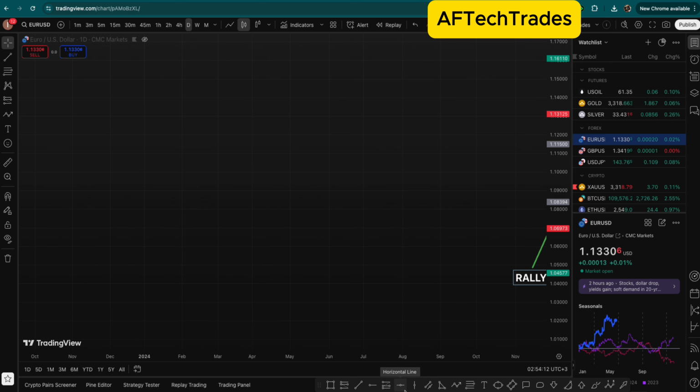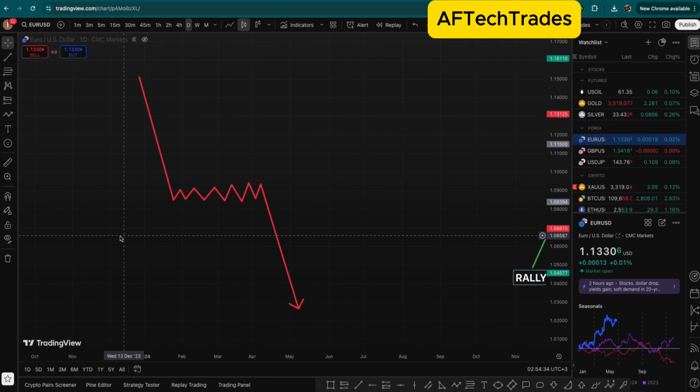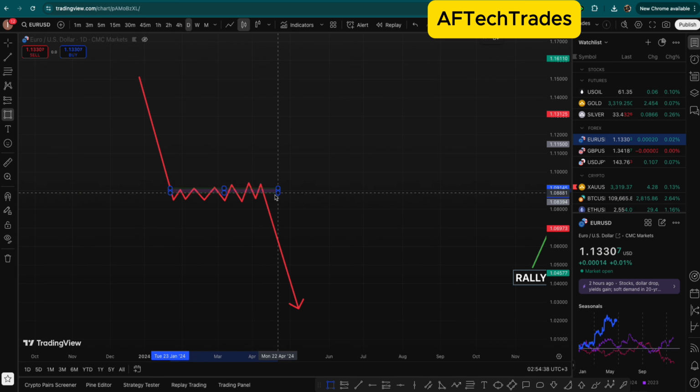So in this situation, we have a drop, right? We have a base, which is the consolidation area, like this. Then we have another drop, just like this. So here, we can change all these to red. Here is the consolidation area.